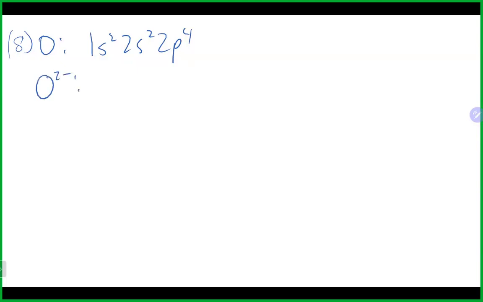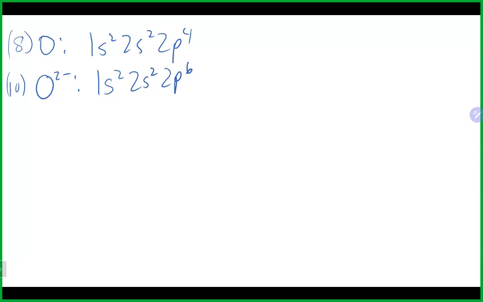How many electrons does it have? Negative means it gained electrons. How many did it gain? Yeah, so it should have 10, which means you need to adjust the electron configuration, right? It would be 1s2, 2s2, 2p6, right? It gained those 2 electrons.